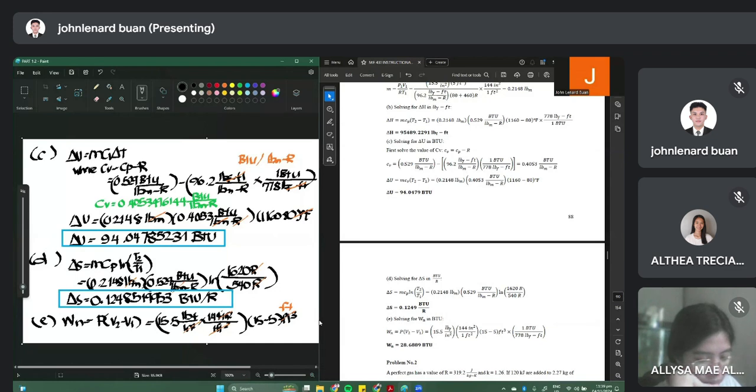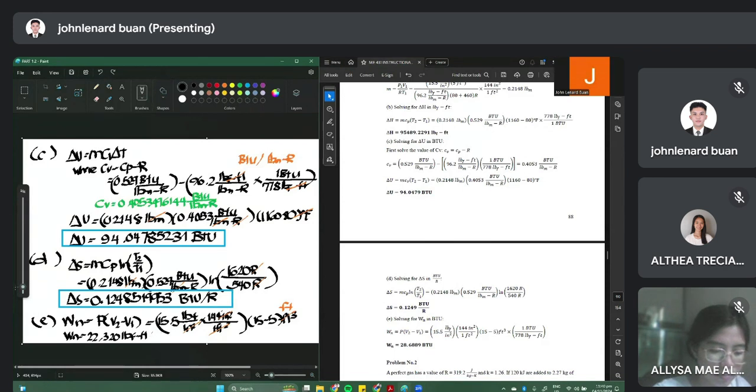So, multiply first: 15.5 times 144 times 15 minus 5, which is 10. So the answer in pound force is Wn equal to 22,320 pound force feet. Then we need it in BTU, so we multiply or divide.